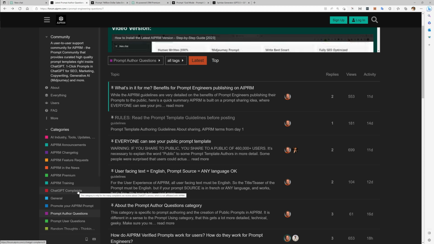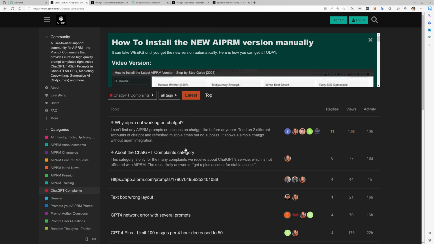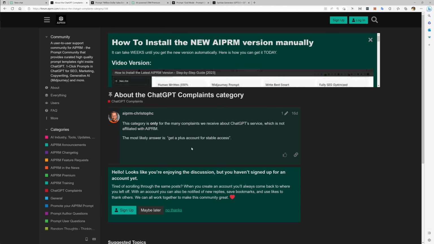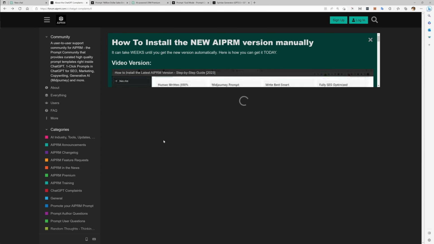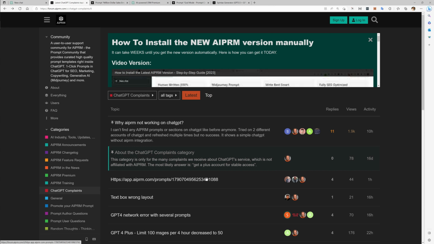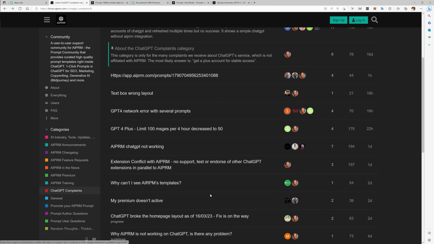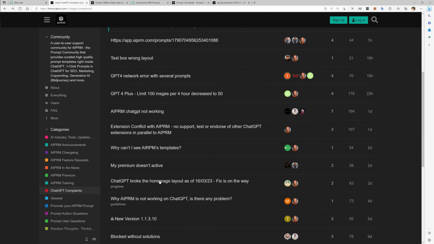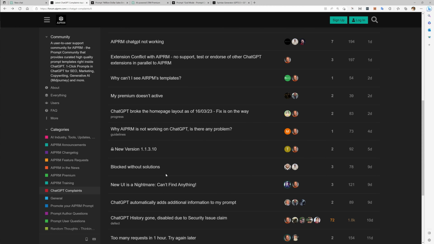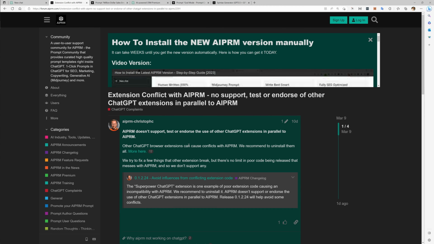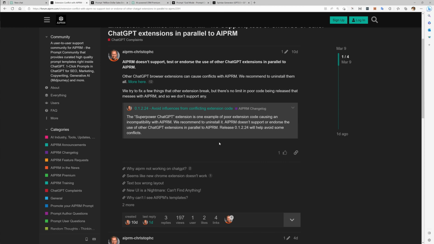For example, we got this category that doesn't belong to us, in fact. It's for all those people that go in and say, my ChatGPT doesn't work, and they blame AIPRM for that. Usually, it's not AIPRM. It's when ChatGPT has an outage, which happens every day, or when some rogue plugins have a conflict.